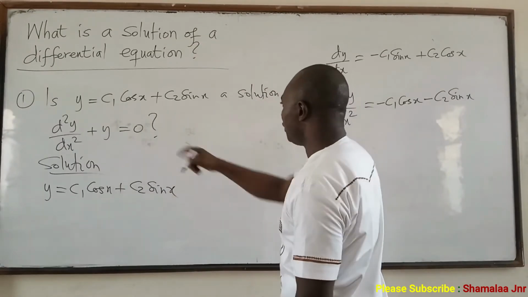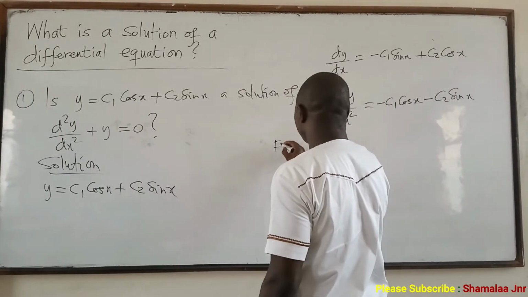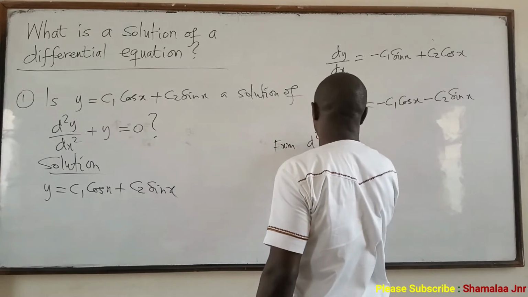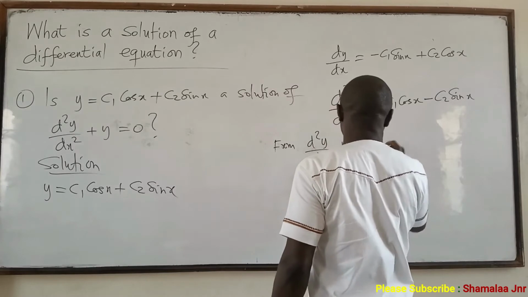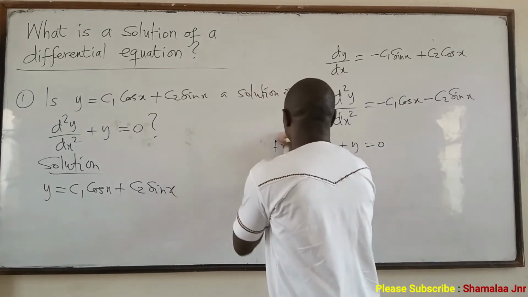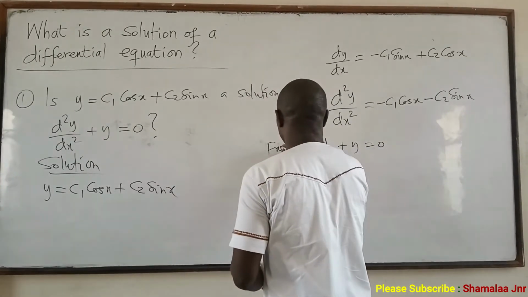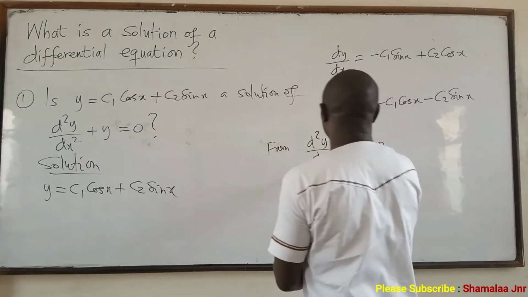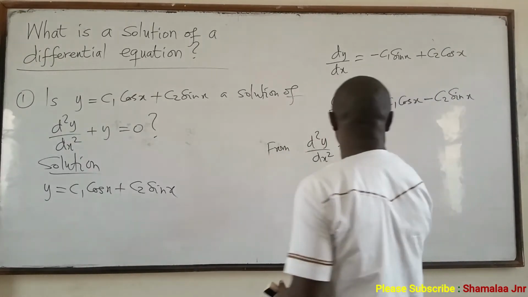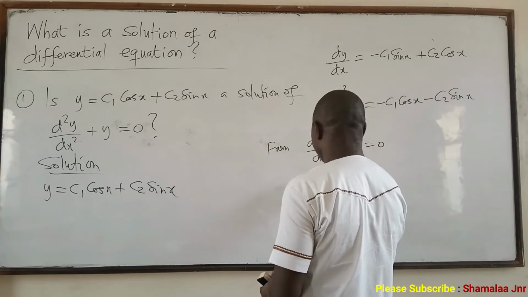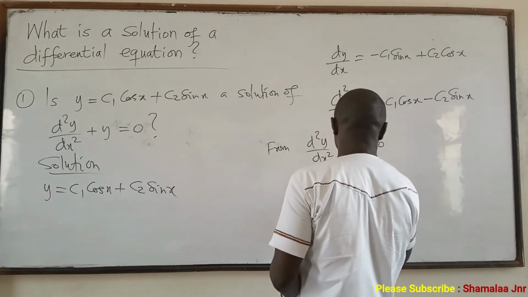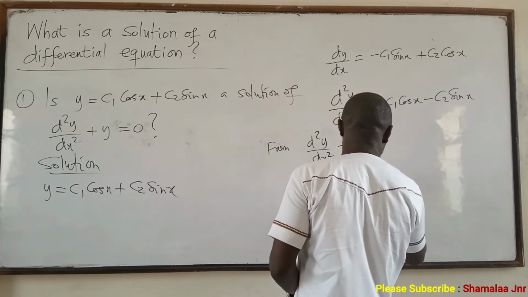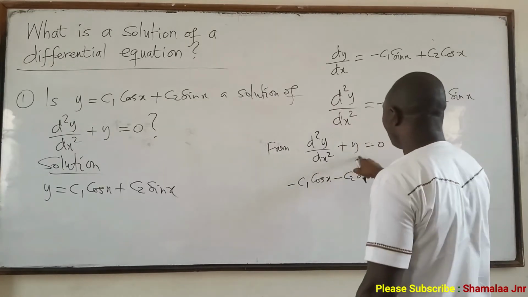So from d squared y dx squared plus y equal to 0, d squared y dx squared is the whole of this. So this one is equal to negative c1 cos x minus c2 sin x, plus y.